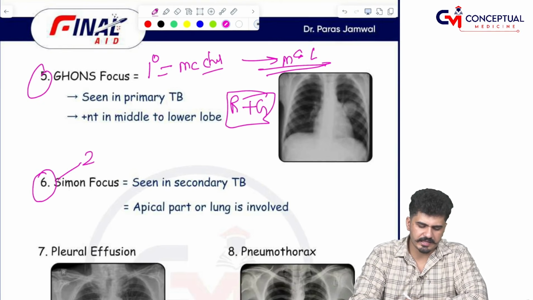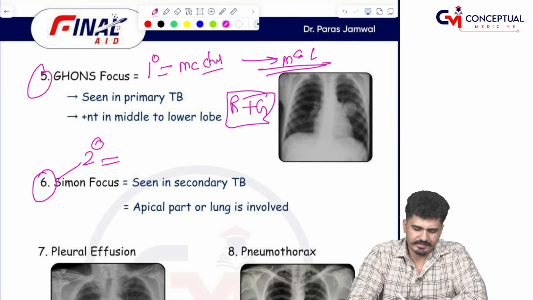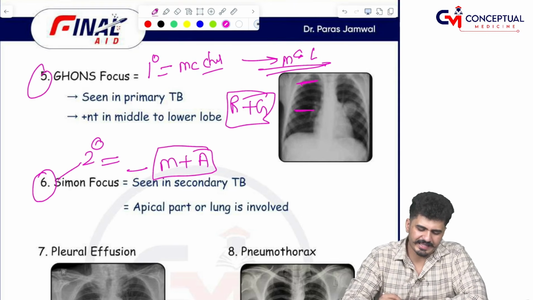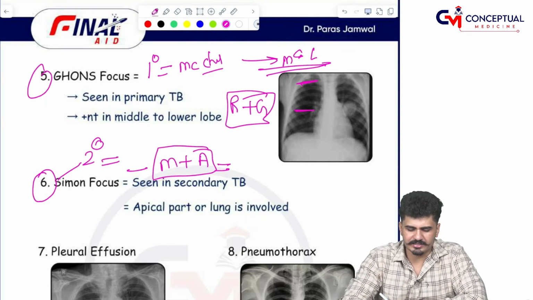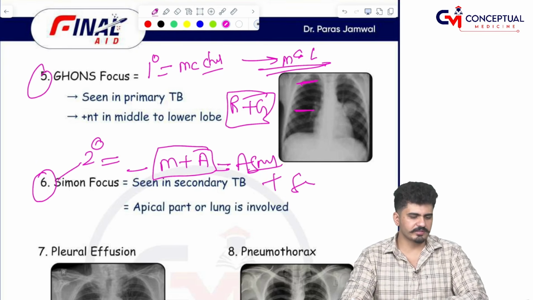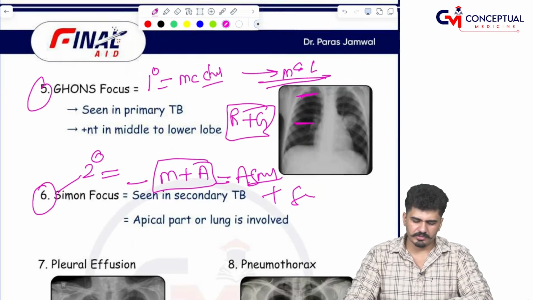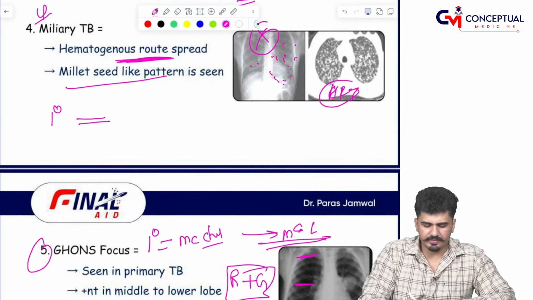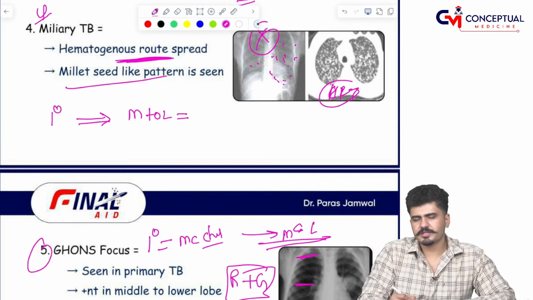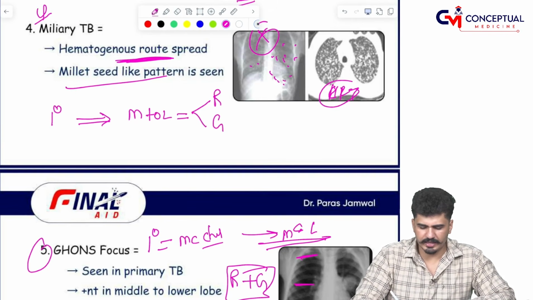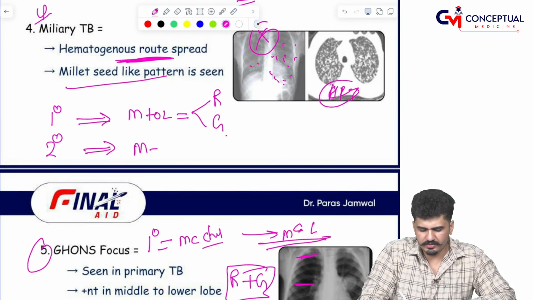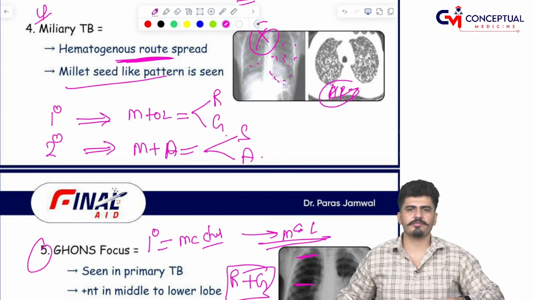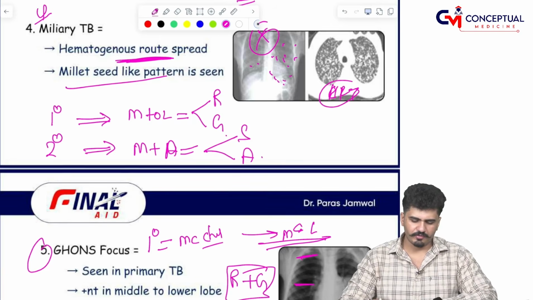Simon focus is seen in secondary TB, involving the middle to apical lobes. So in short, in primary TB, the middle to lower lobes are involved, with Ranke and Ghon focus. In secondary TB, the middle to apical lobes are involved, with Simon and Assmann focus.